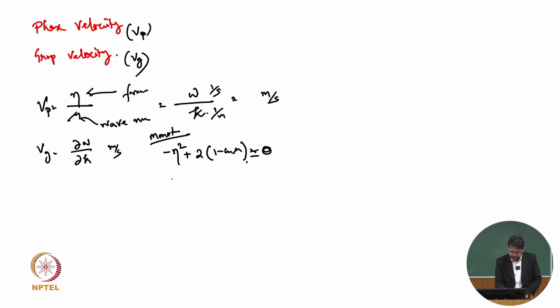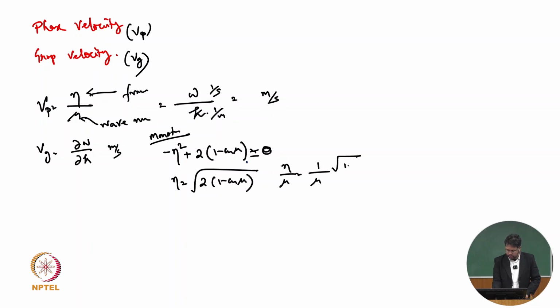I can simply say that eta will be the root of 2 into 1 minus cos mu. So eta by mu will be equal to 1 by mu times the root of 2 into 1 minus cos mu.